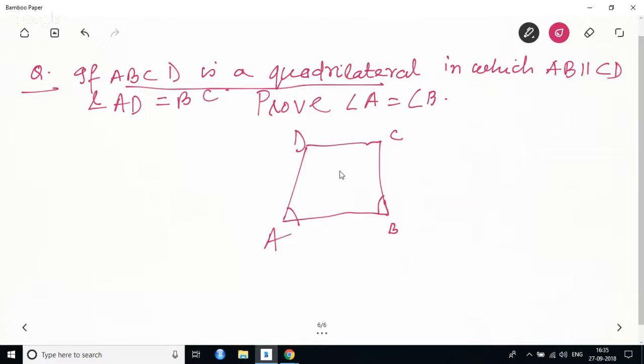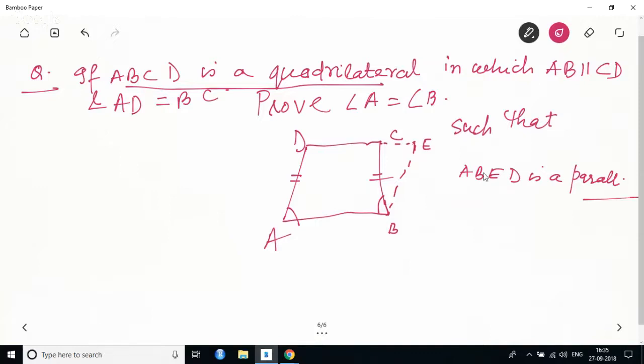It has been given that AD is equal to BC. Now what I do is that I draw a line parallel to AD here and I mark it E such that ABED is a parallelogram. So in that scenario, A plus E is equal to 180 degrees.